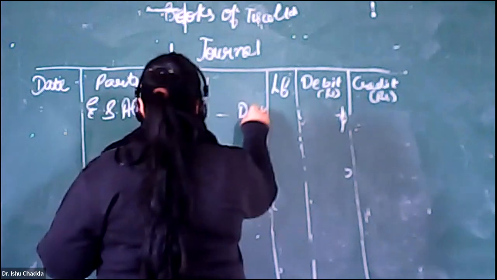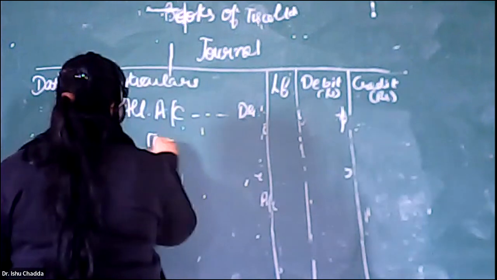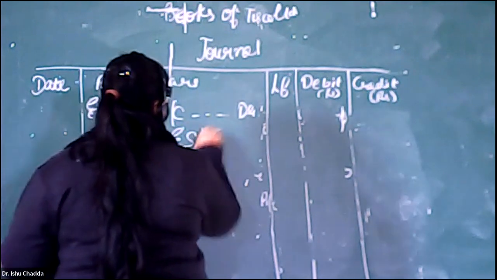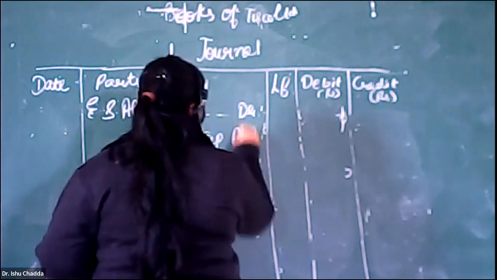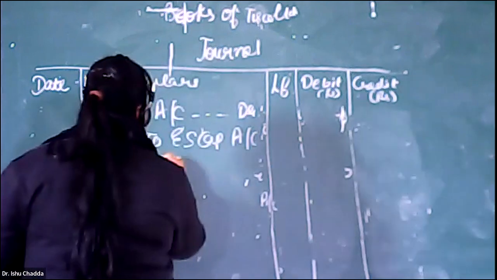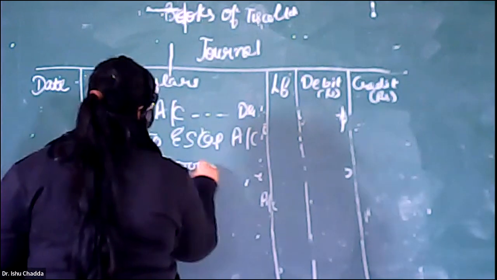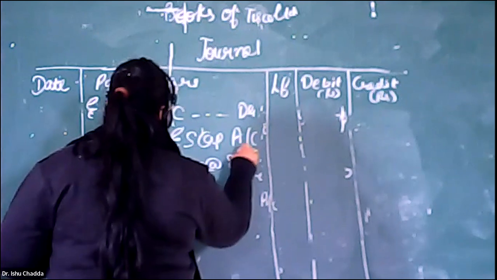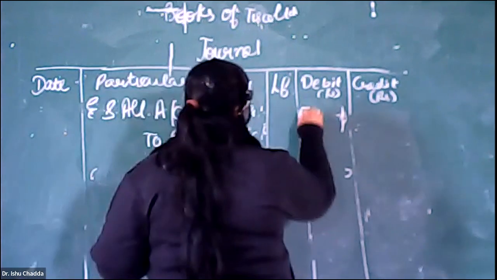The amount is 70,000 shares at rupees 8, that will be 5,60,000.